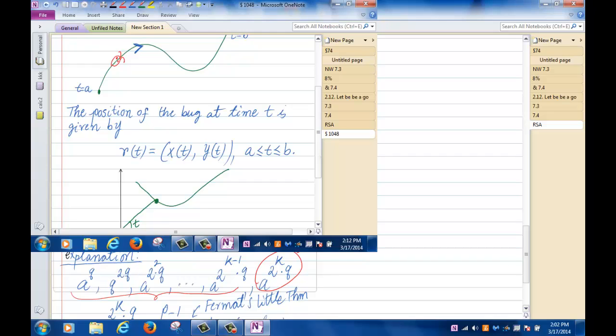Of course, here we are restricted to 2 dimensions because we only have functions of one variable. But when you go to calculus 3, you can think about the moving object moving in space, and in that case maybe the path looks like this, in space.